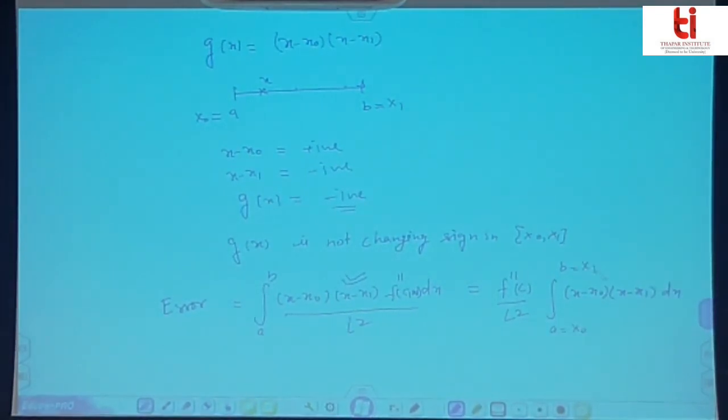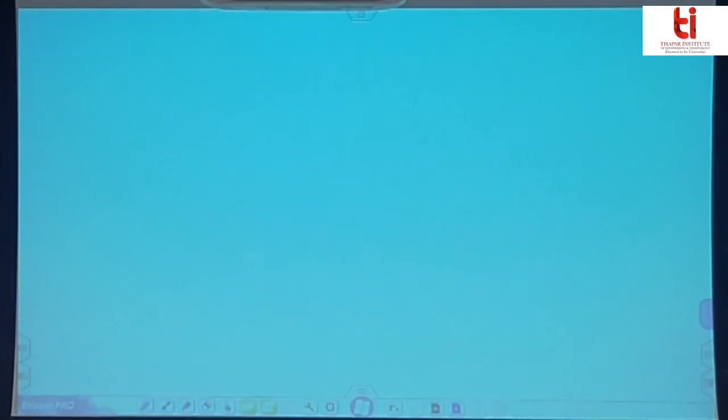Now integrating, we get f double dash c over 2 factorial into h cube, that is (x0 minus x1) whole cube over 3 factorial. Since x0 minus x1 is minus h, we get minus h cube over 12 f double dash c.